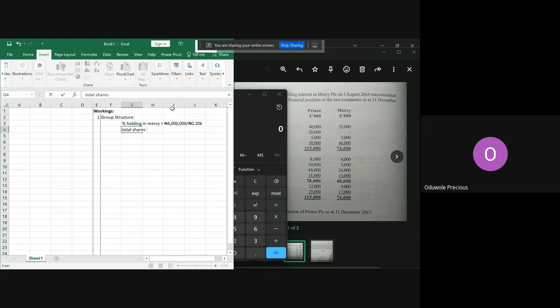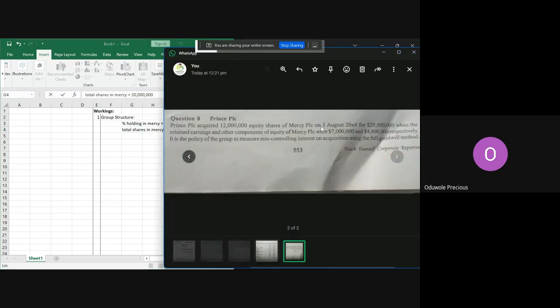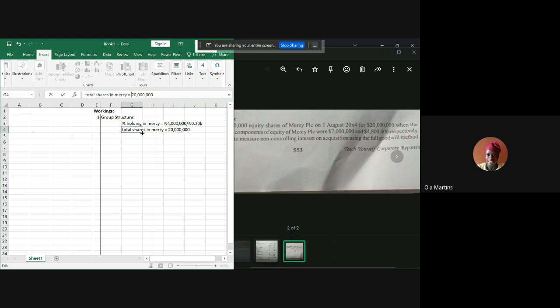Total shares in Messi is 20 million. So out of this 20 million, how much did they acquire? They acquired 12 million equity shares. So that will now be 12.